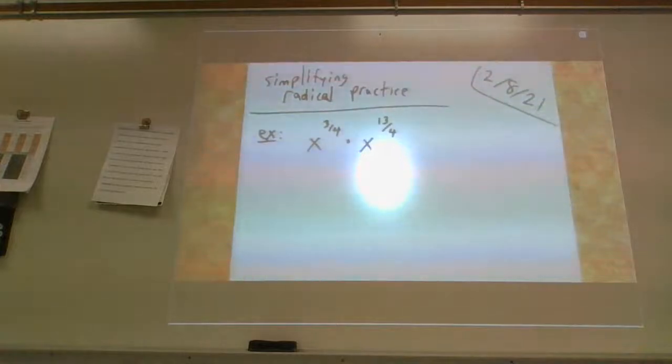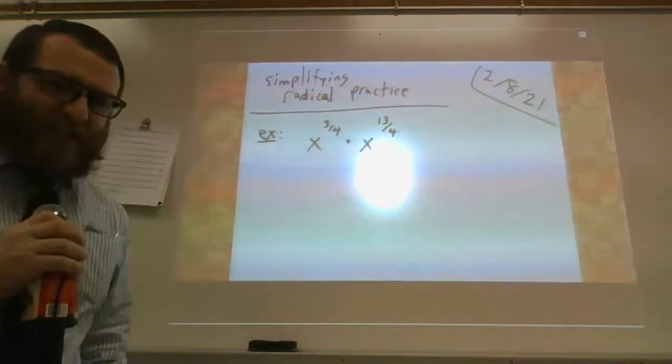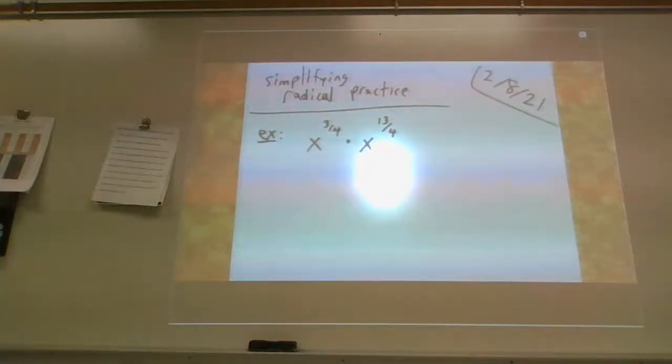Now, I say solving radical practice, but you don't see a radical symbol up here. As we've been learning for several weeks now, when you see this fractional exponent floating around this problem, this fractional exponent is in reference to a root. Now, what type of root do we potentially have?